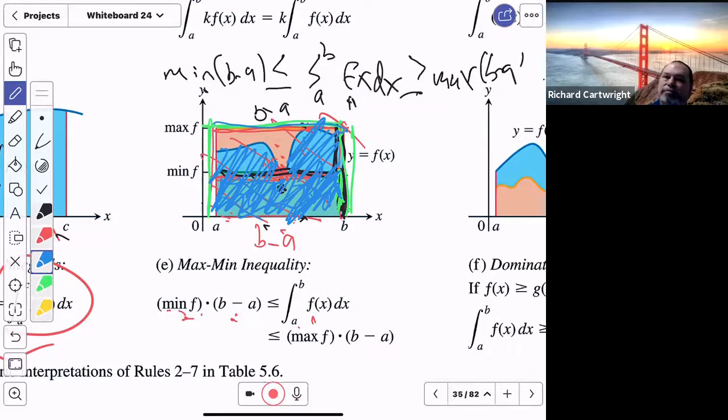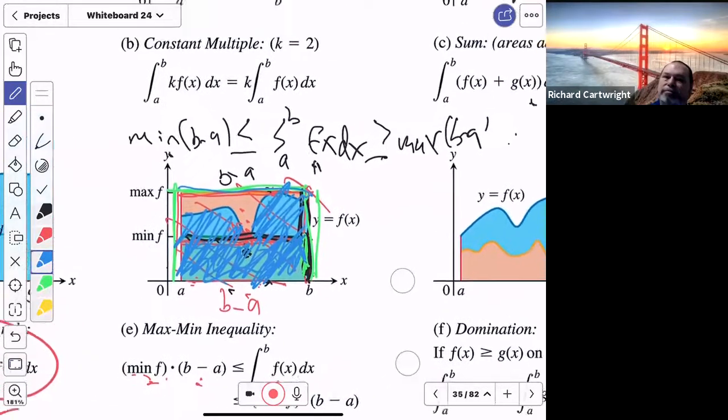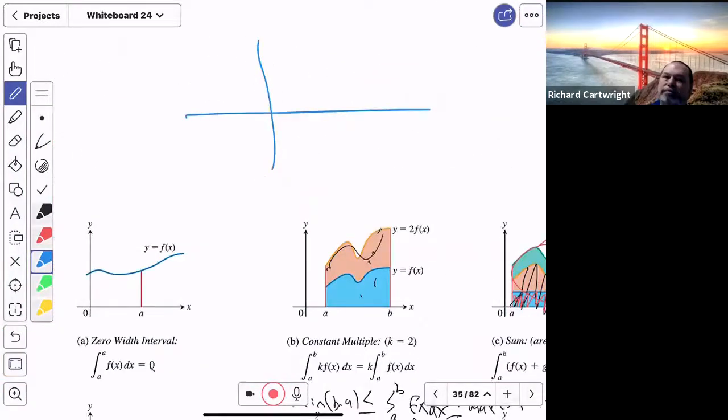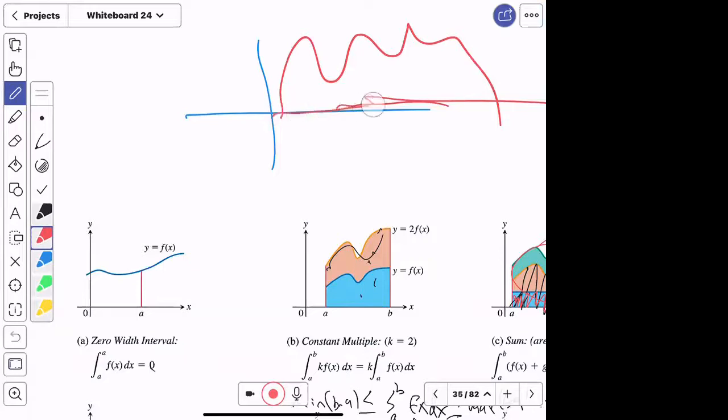And nowadays with technology, I can understand that a long, long time ago, you're looking at some ugly function that nobody knows how to do. I'm sorry, I had a question. So how do you find the minimum? What's the lowest place on the function?